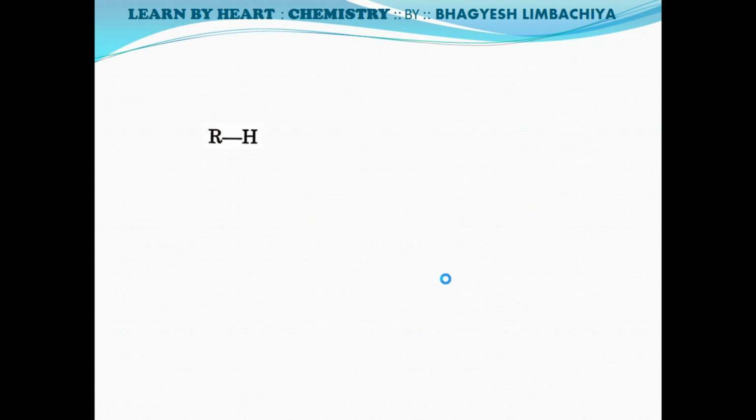See, this RH is an alkane, and if this hydrogen is removed and OH is added, we get ROH, and this ROH is known as an alcohol.